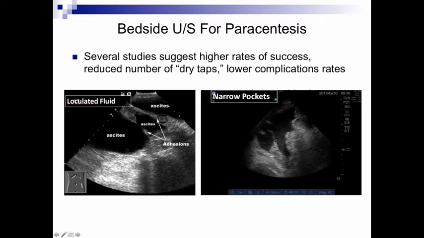Pre-scanning can help identify these potential complicating factors and reduce the number of dry taps and the number of complications. And there's an emerging number of studies which demonstrate consistently higher success rates with image-guided paracentesis versus traditional blind techniques, and potentially even lower complication rates in terms of hematoma, seroma formation, and perhaps perforation of bowel.